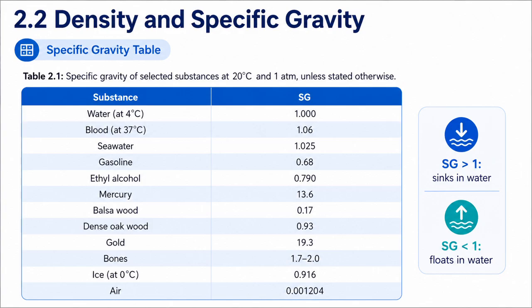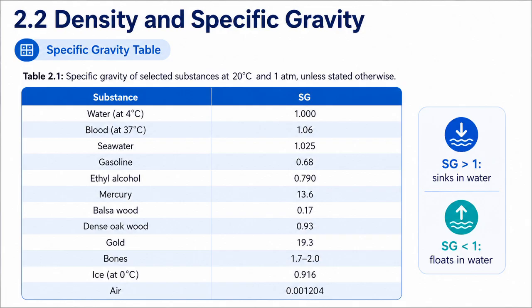Specific gravity table. This table gives specific gravity values for several substances. Water has a specific gravity of 1, which means that's the reference value. Seawater is slightly above 1 because it contains salt. Gasoline and ethyl alcohol are below 1, so they are lighter than water. Mercury and gold have very high specific gravity values.